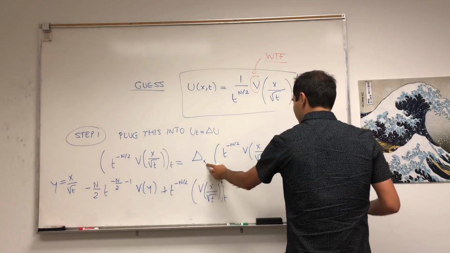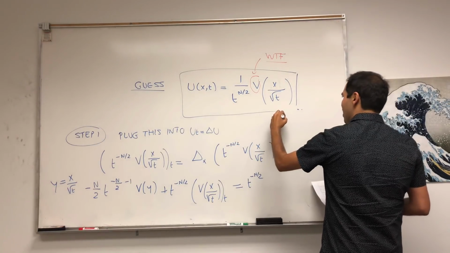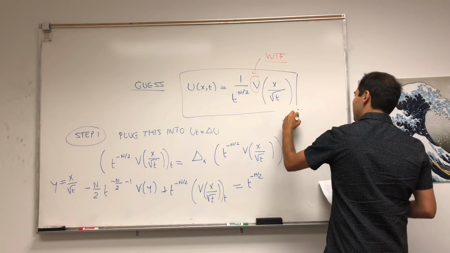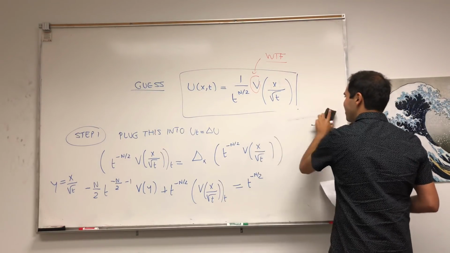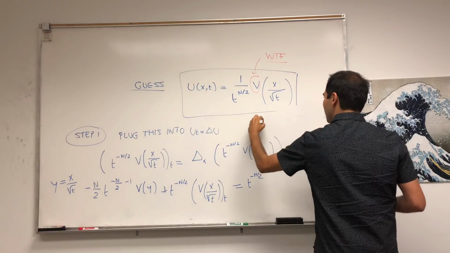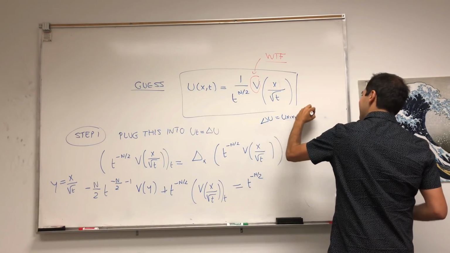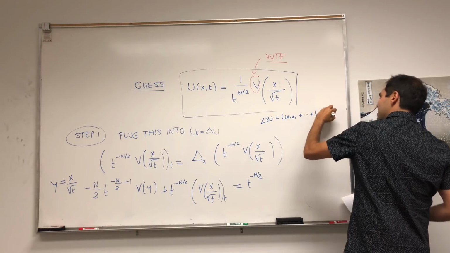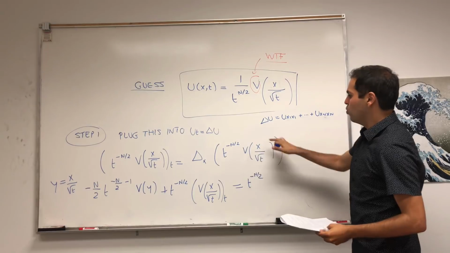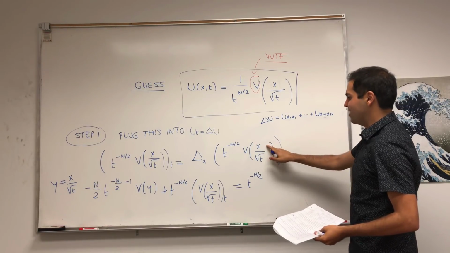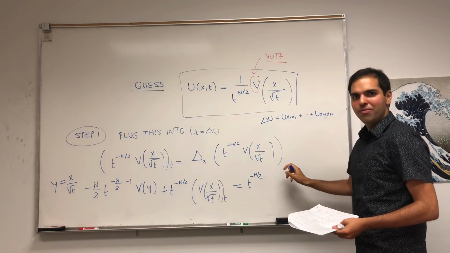And basically, what is the Laplacian? It's just u_x1x1 plus dot dot dot plus u_xnxn. So basically, if you differentiate this once, let's say with respect to x1, you have a factor of 1 over square root of t that comes out.